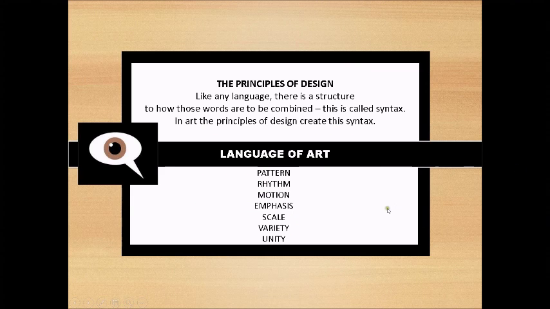In any language, there is an established structure that is used to more formally and directly communicate ideas. This underlying structure of a language is called syntax. For example, in English, we use the adjective before the noun, but in Spanish, they put the adjective after the noun.